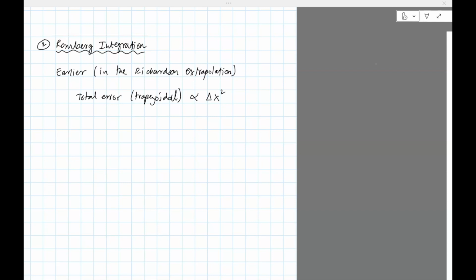Okay, well, that was just the first term. It turns out that the total error is actually I1 plus C1 delta x square, right?